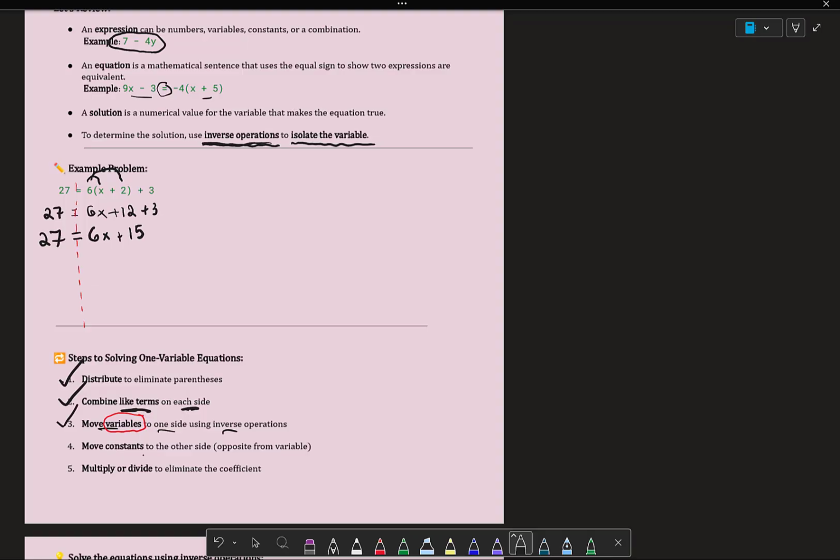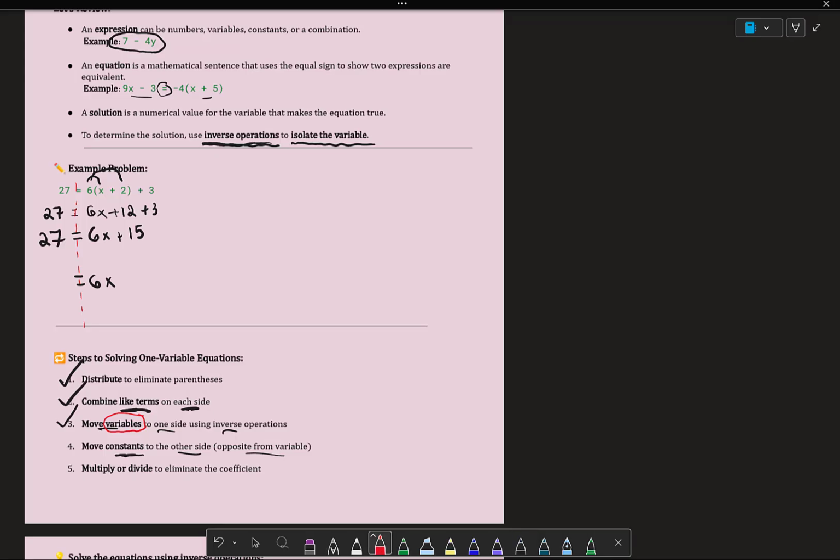Step 4, move constants to the other side opposite from the variable. So that means we want the 6x to be stationary. I'm going to write the 6x right there because I know that's going to remain stationary.